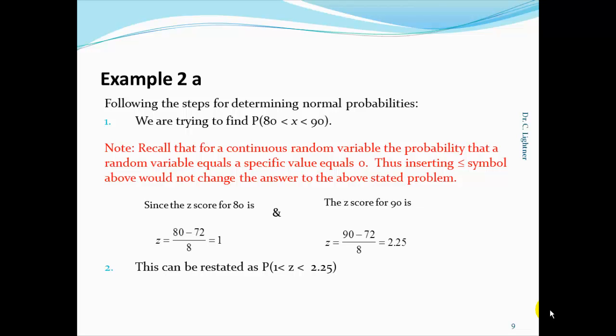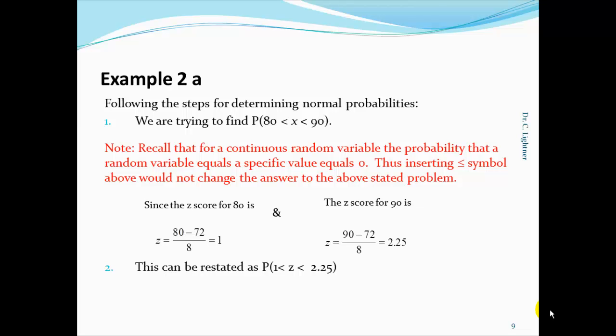For part A, we begin by stating our problem in terms of x. We are trying to find the probability that x falls between 80 and 90. Next, we restate this problem in terms of its corresponding z-scores. We compute the z-score for 80 as 80 minus 72, which is the mean, divided by 8, which is our standard deviation, and this gives us a z-score of 1.